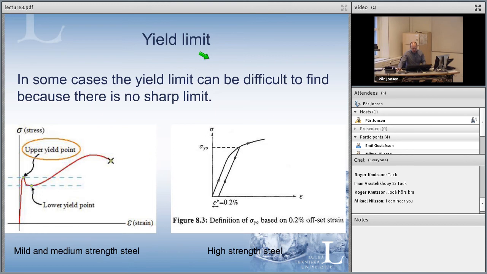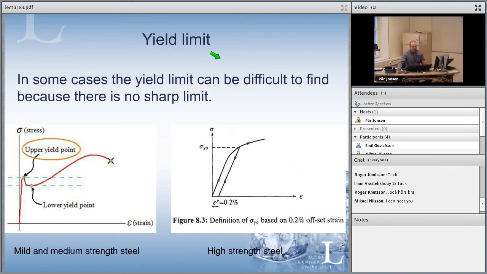If you look at high-strength steel, usually you don't have this behavior. It looks like this: a smooth transition from the elastic part to the elastoplastic part. And then you need to have a number instead. So usually you say when you have a difference of 0.2% from the original curve, from the elastic stiffness curve, you say that this is your yield limit.